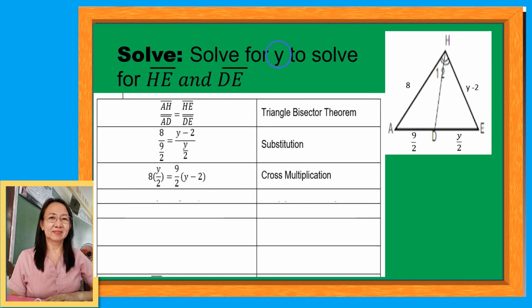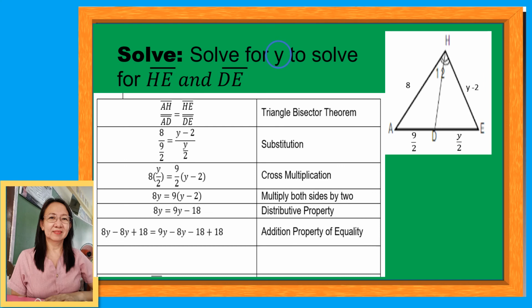Then to simplify the fraction, let us multiply both sides by 2 so that it is simplified to 8 times y is equal to 9 times the quantity y minus 2. Then let us distribute 9 in the quantity y minus 2 so that we have 8y is equal to 9y minus 18. Then by addition property of equality, and then simplifying the result, the value of y is 18.